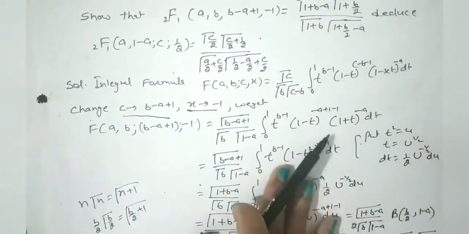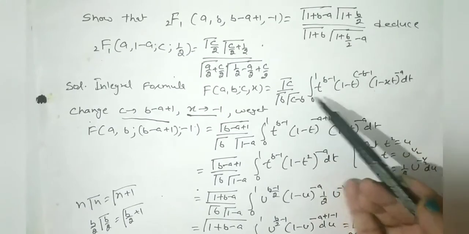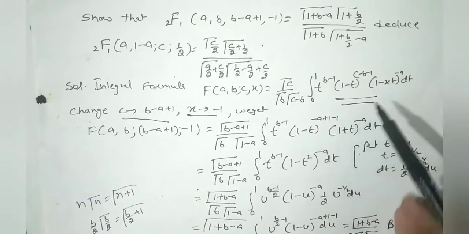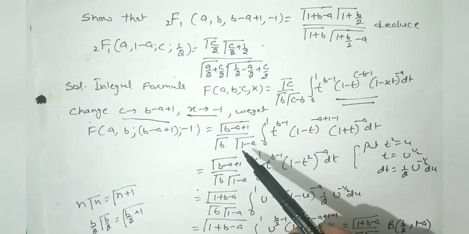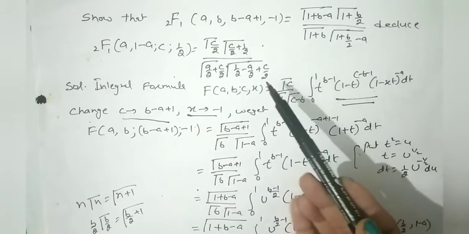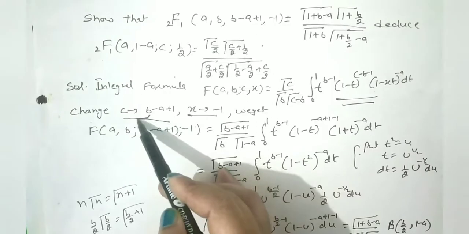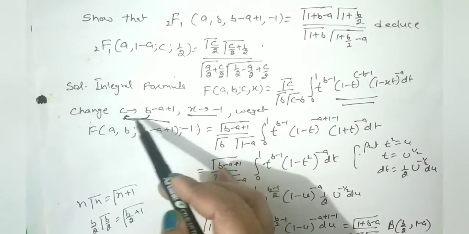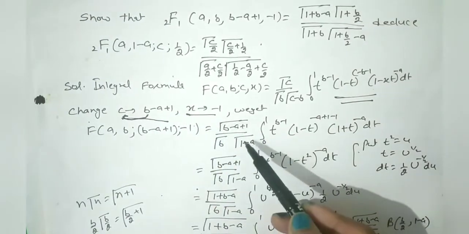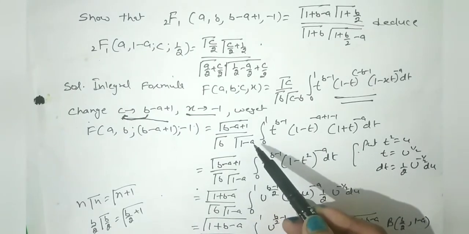So when you replace these things in the given integral, the integral formula, we also replace c minus b. When you replace c by b minus a plus 1, c minus b will be minus a plus 1. So minus a plus 1 means 1 minus a.